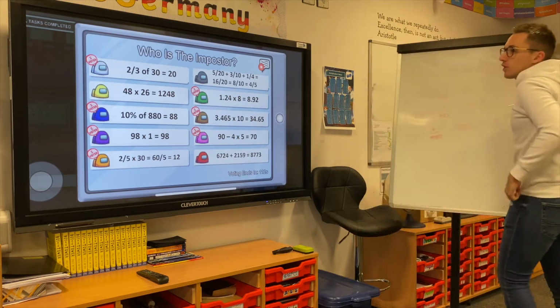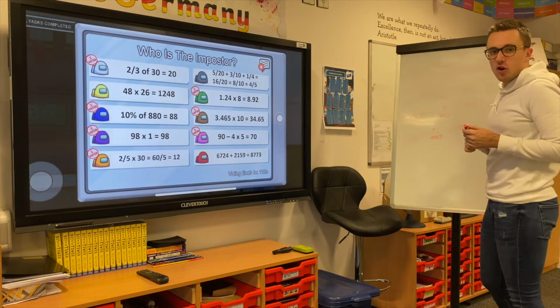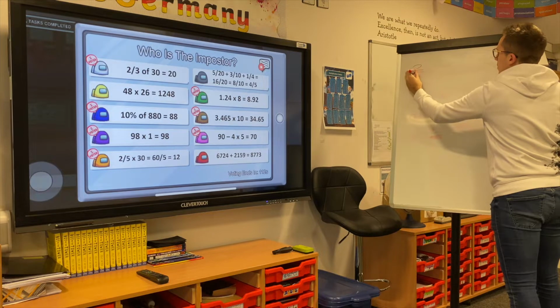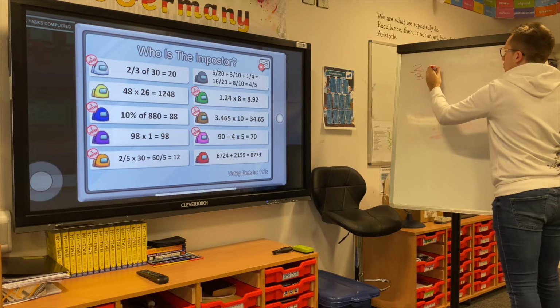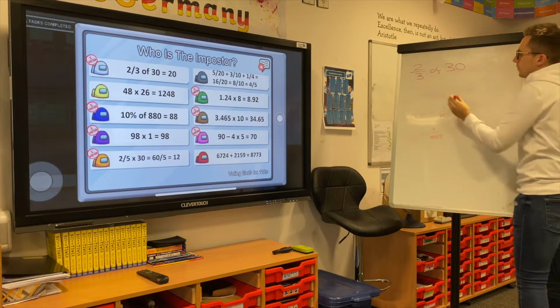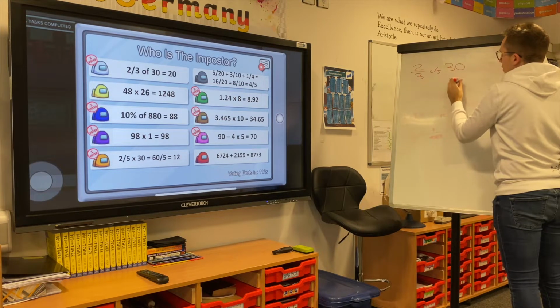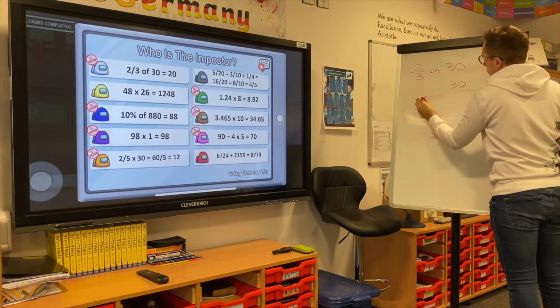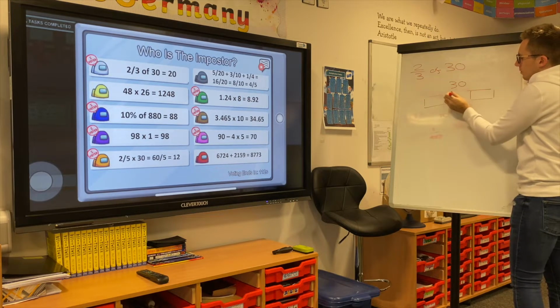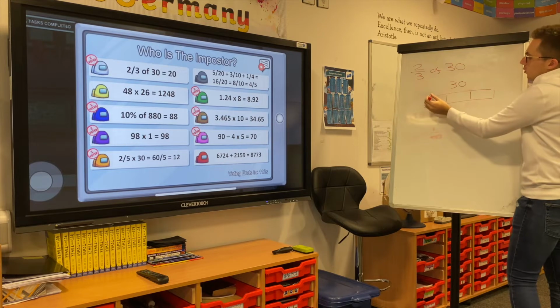Okay, so the first one then says 2/3 of 30 equals 20. Now, if we imagine we've got 30 and it wants us to find a third, so it wants one of these.